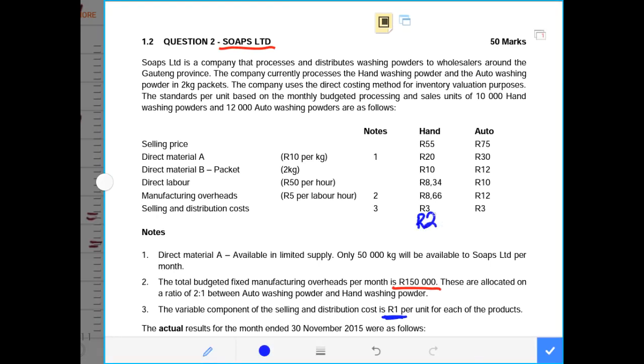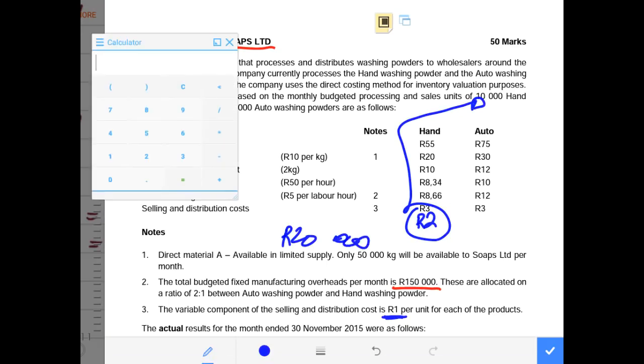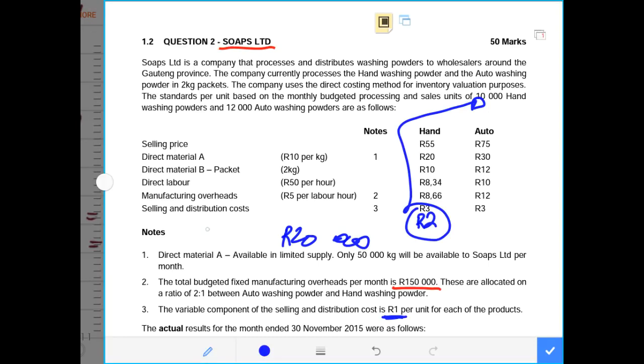Sales and distribution, they told us that 1 rand was variable, therefore 2 rand was fixed. So now if 2 rand was fixed, therefore 2 rand times this by 10,000, it will give us 20,000 as the fixed cost that was budgeted, for the hand washing powder.